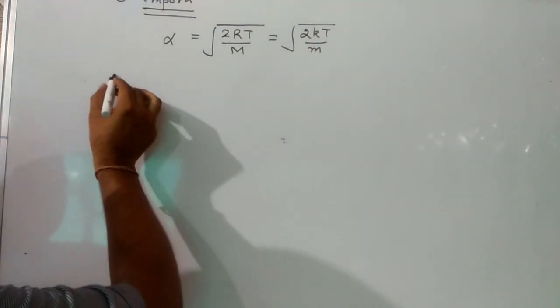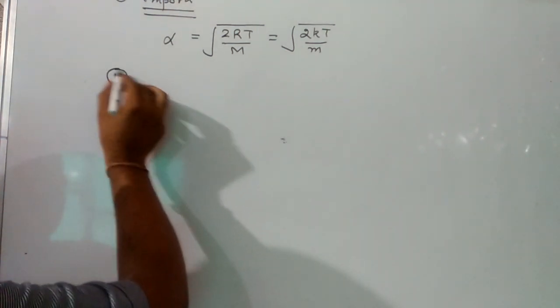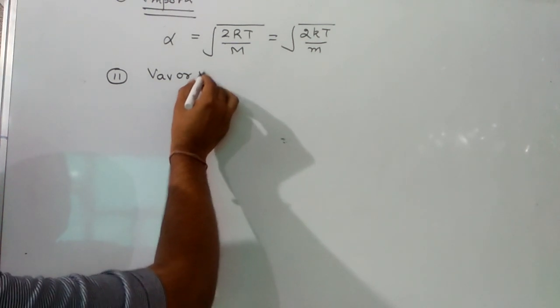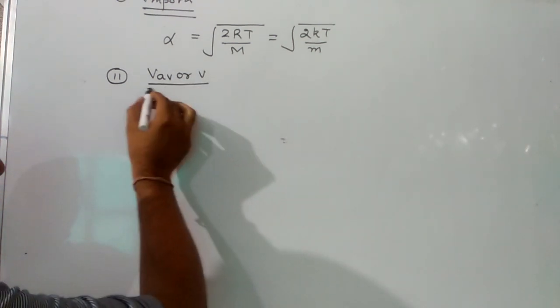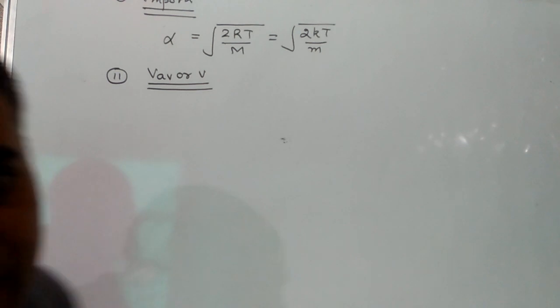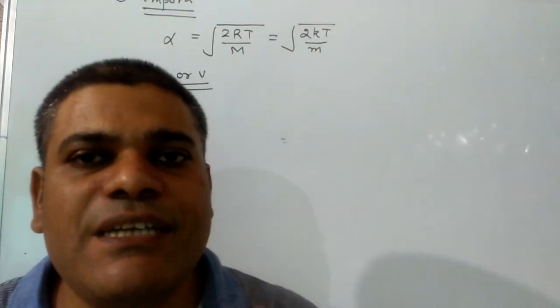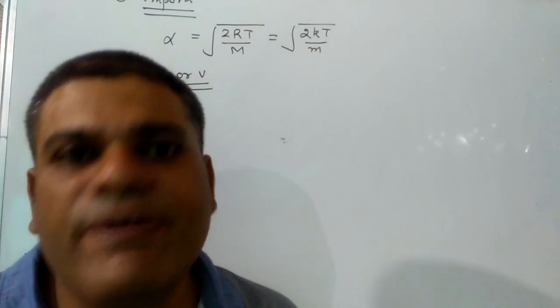Next is the average velocity, denoted by v, and it is defined as the average or mean of the velocities possessed by different molecules of a gas.